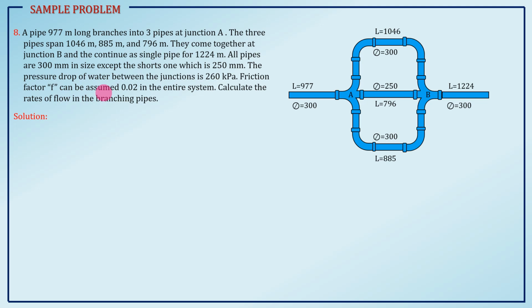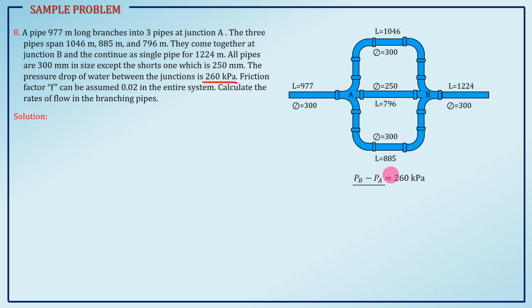So, it is given that we have a certain pressure drop between the junctions of 260 kilopascal. So, actually, that pressure drop of 260 kilopascal will be used to determine the total head loss between this junction A and B. So, that is your PB minus PA of 260 kilopascal.